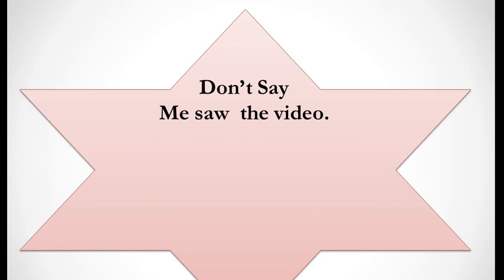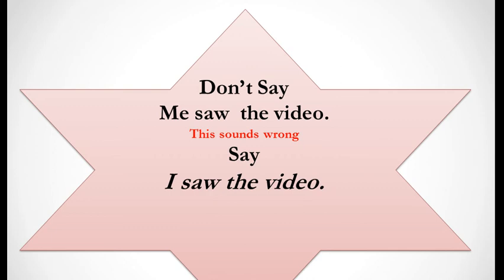Another hint. Don't you ever say me saw the video, because me here will not be the subject. The pronoun me will never take the place of the subject of the sentence. As it shows in front of you, this sounds wrong.